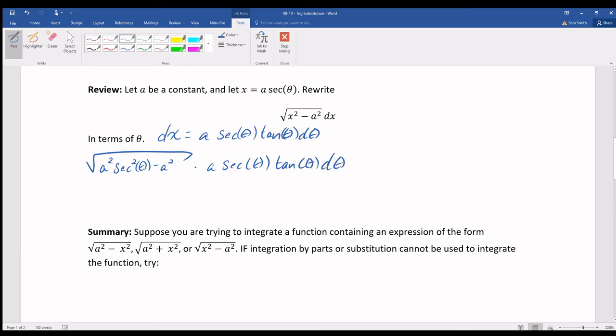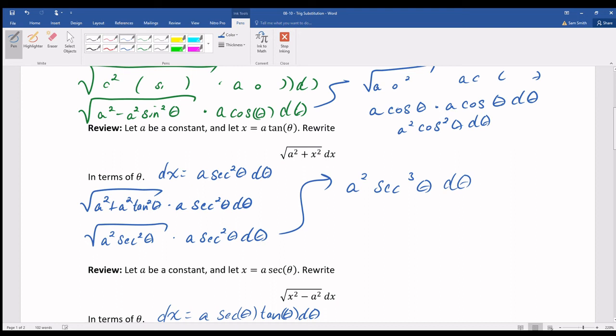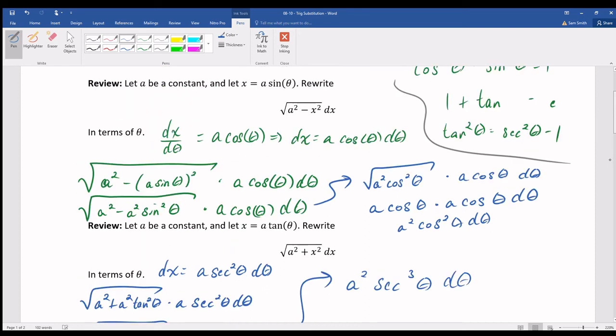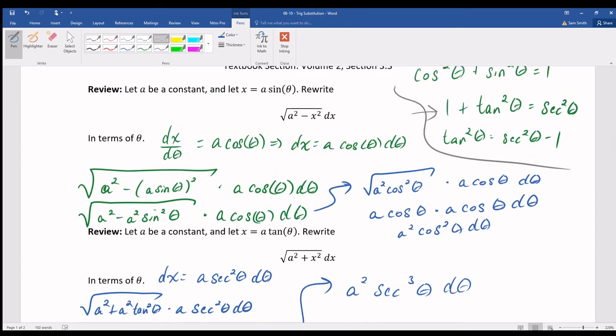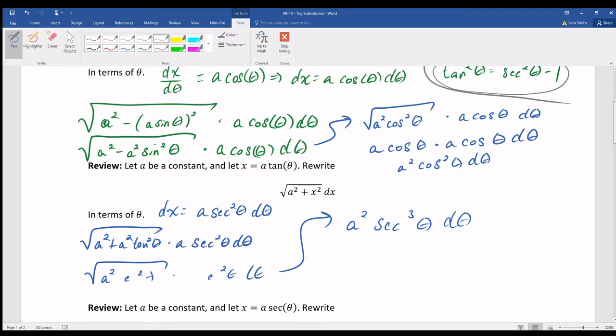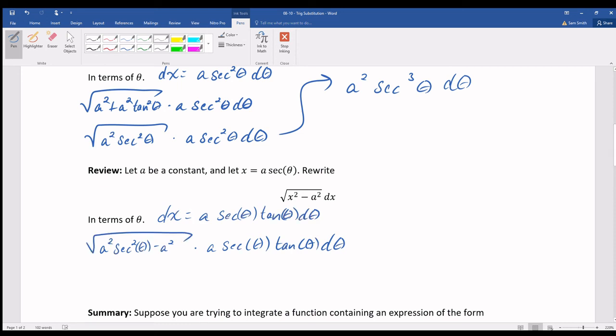And as a result of this other formulation of the Pythagorean identity, secant squared minus 1 can be replaced with tangent squared.